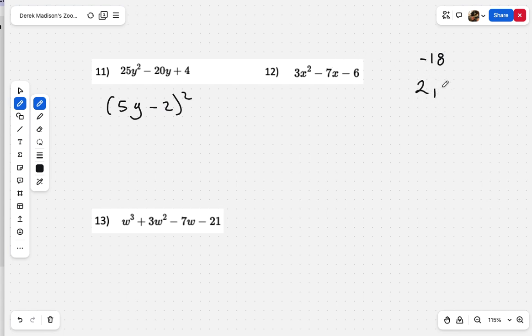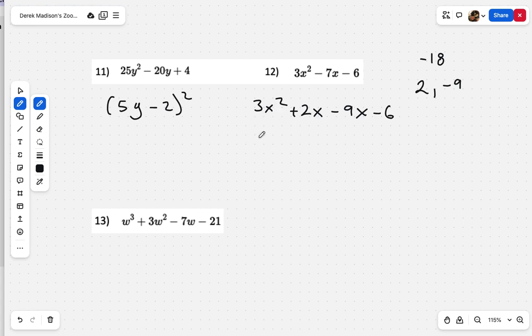So that sounds like a 2 and a negative 9. And they're 7 apart. And the big number gets the sign because the middle's negative. And then this is where we rewrite these terms. So we can go 3x squared plus 2x minus 9x minus 6.